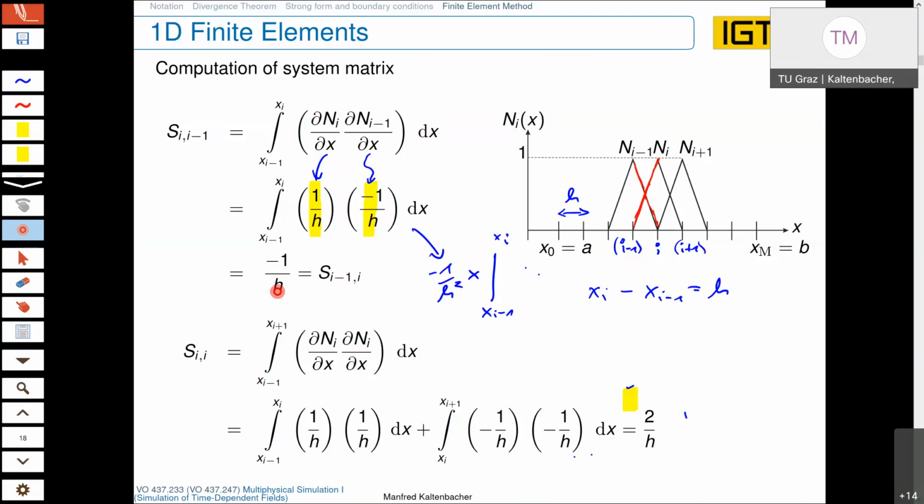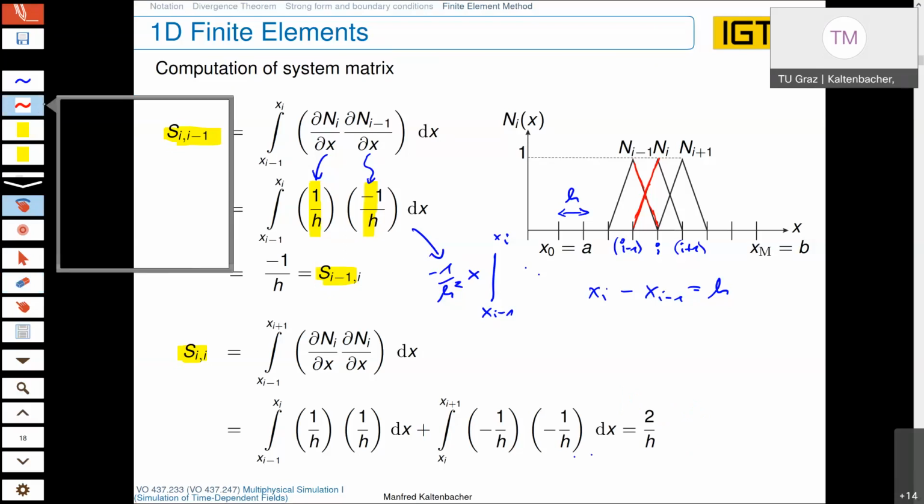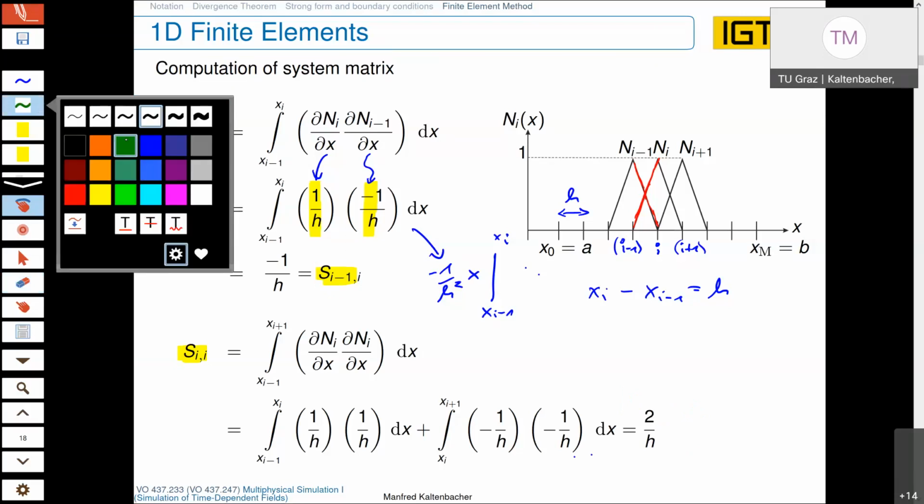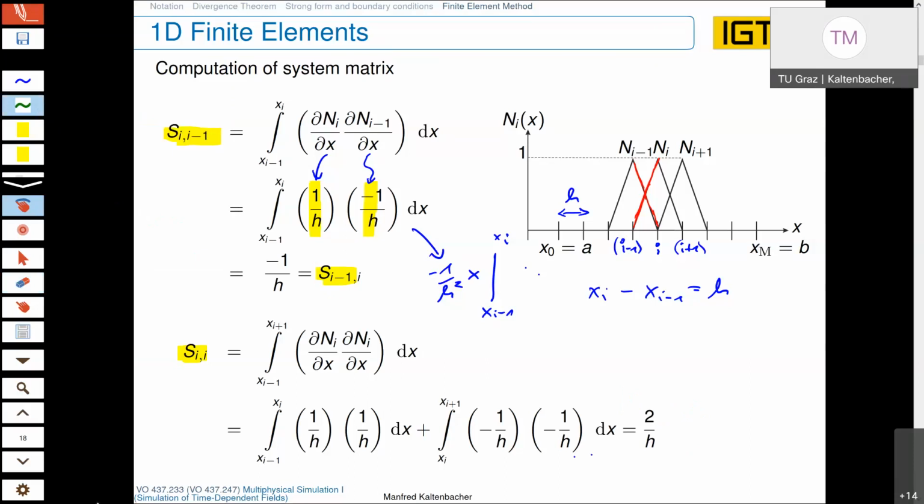Okay. So what remains is a diagonal entry. This was an off-diagonal entry, and we see the symmetry. Now we also have to compute it for a diagonal entry. Well, now we have to be careful. I make it in green, because N_i is this one here, and then it is 0 to the left and to the right.